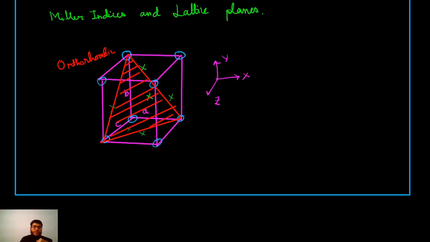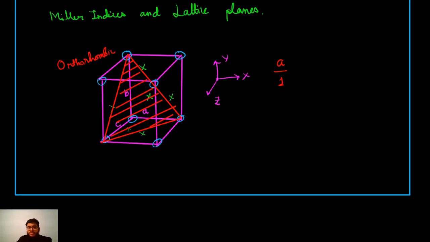So this is an orthorhombic, for example, I am taking, but it might not be. What I'm trying to say is, for example, the A or the x-axis lattice vector, the plane is intersecting the A at A by 1 actually. So how much distance from the origin?